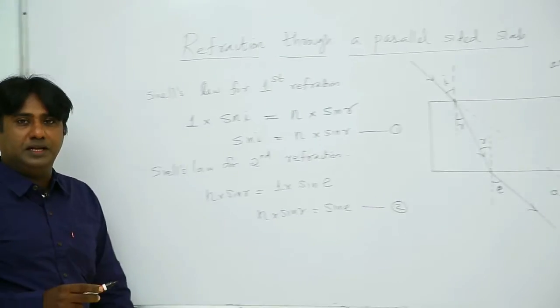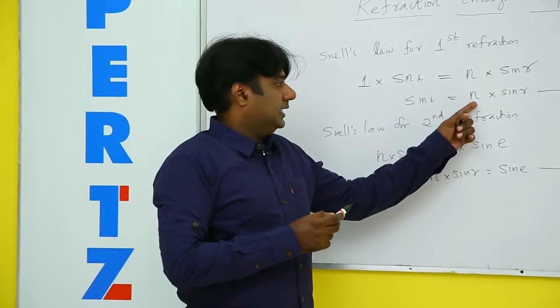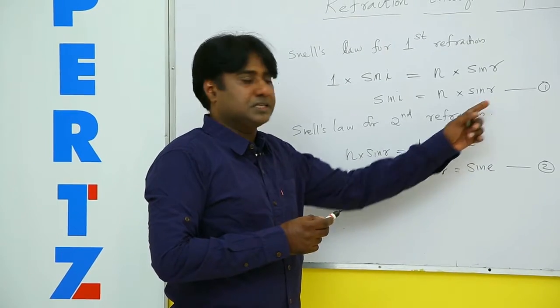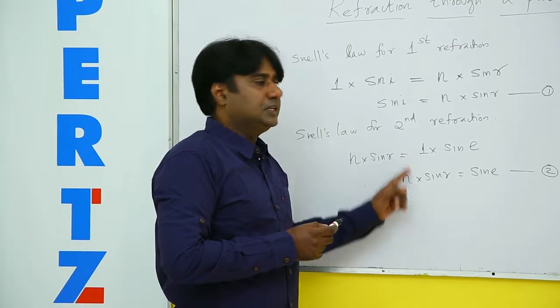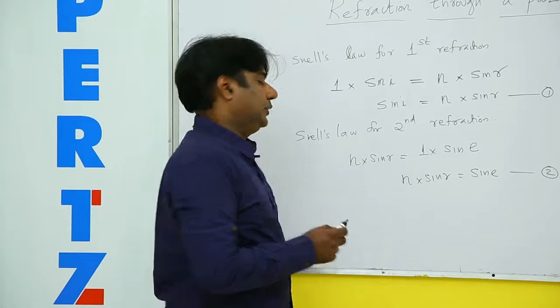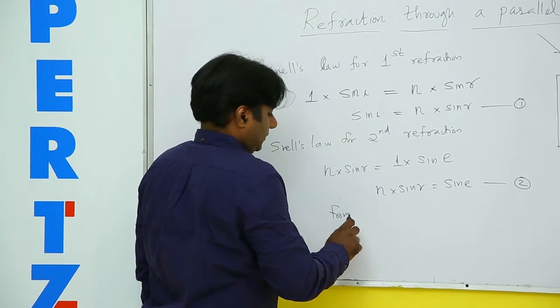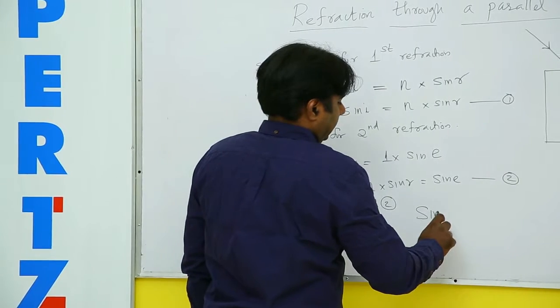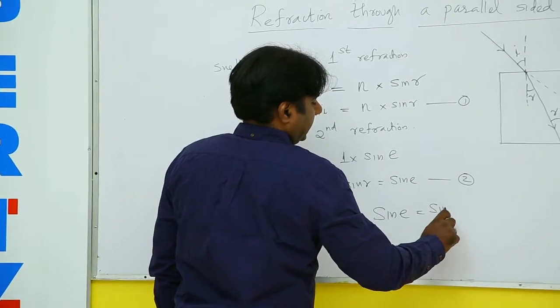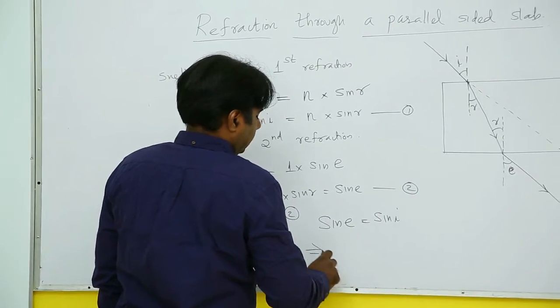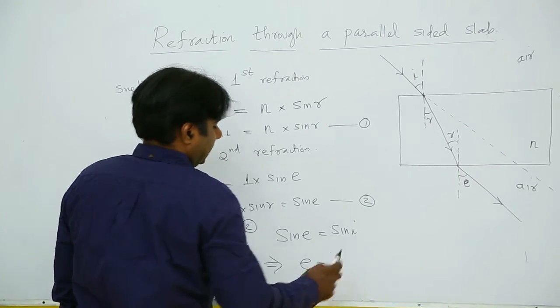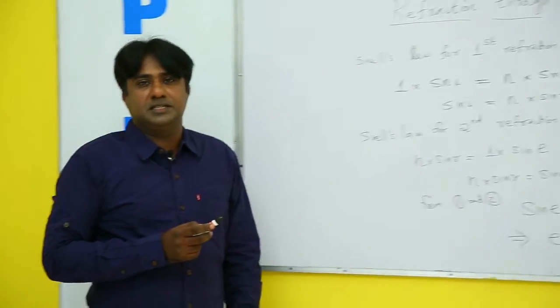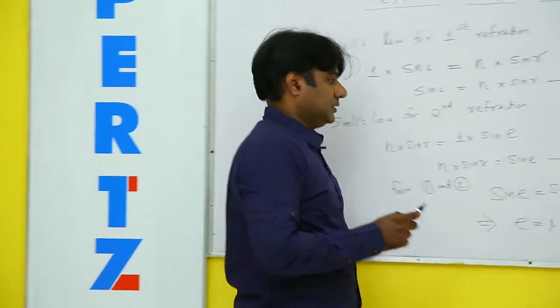When I compare 1 and 2, I see n into sine r on the RHS here, and n into sine r on the LHS there, so I can equate these two. From 1 and 2, sine e turns out to be equal to sine i. That will happen only when e equals i. So what I am getting is the angle of emergence is equal to the angle of incidence.